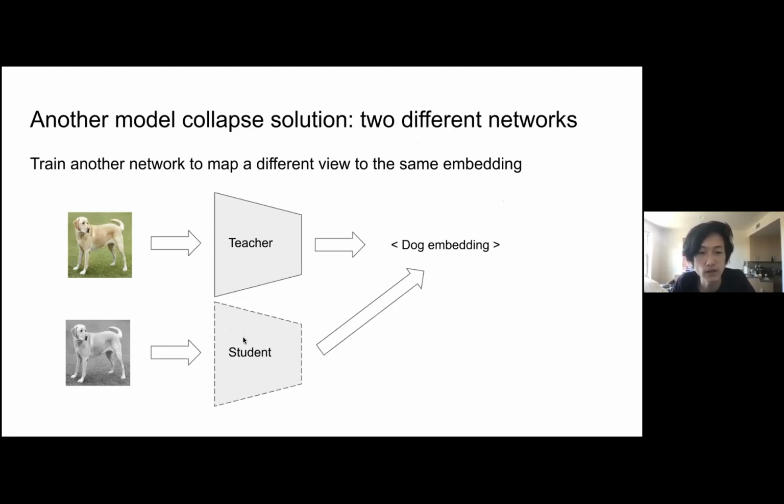But then we train another student network to map this image to a similar spot. So the student is learning to map this dog thing that it sees into some embedding spot that the teacher network chose for a similar dog thing.